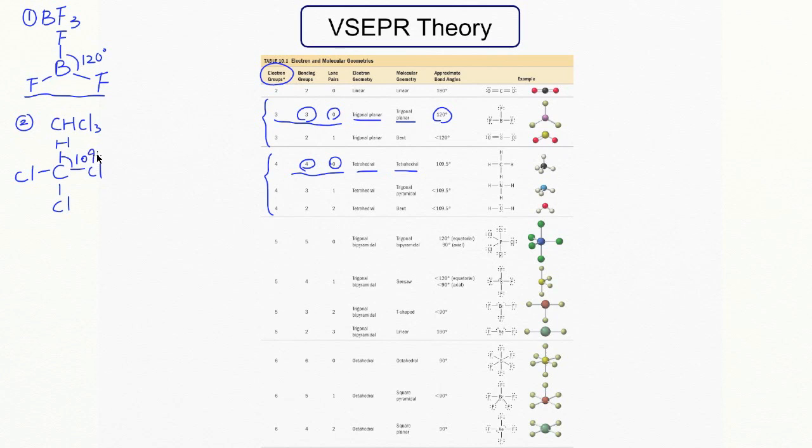One thing I do want to mention here is, if you remember how we draw the 3-dimensional structure of those geometries in a 2-dimensional plane, we use dashed wedge and solid wedge, which means that if you have the hydrogen, carbon, and one of the chlorines in the screen plane, then you would have one chlorine below the screen, and one chlorine above the screen.